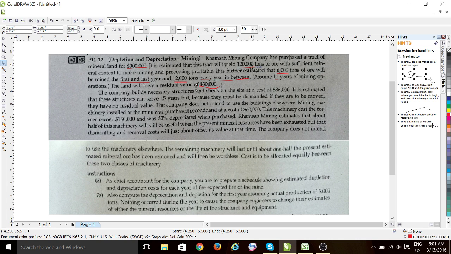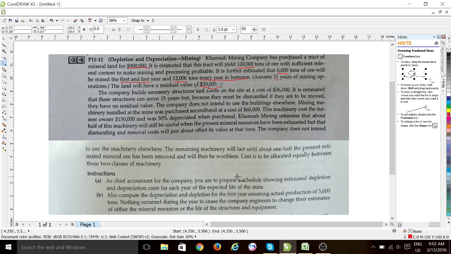So we use the activity-based method instead of the other methods, because it is the most suitable one. And then we know that the first and the last year will be mined for 6,000 tons, and the years in between will be 12,000 tons.